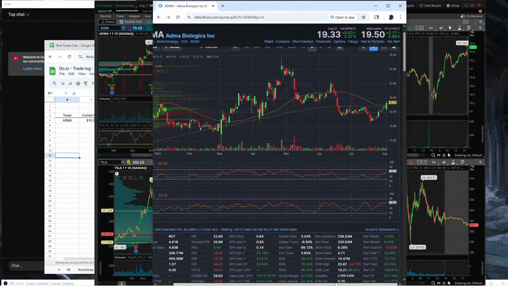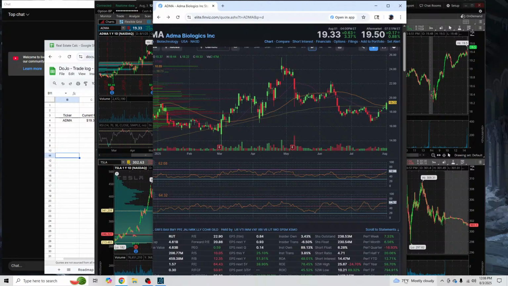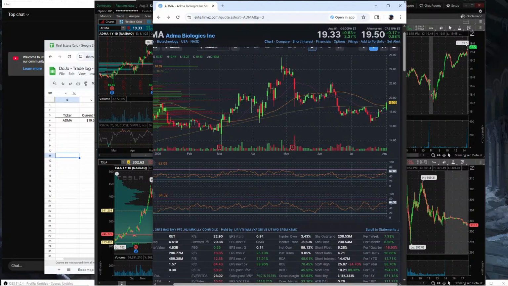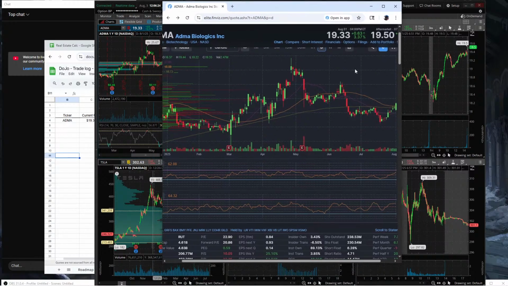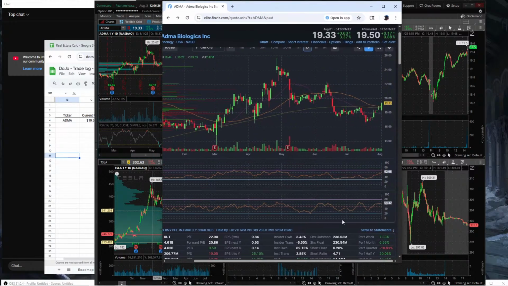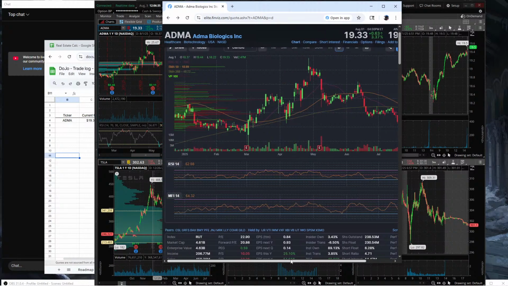Let's give us a little bit more room. Shrink this down a wee bit. There we go. We're coming up into earnings, so of course volatility is increasing. We can see the RSI and the MFI are pretty intact. They're in sync there in the 60s.